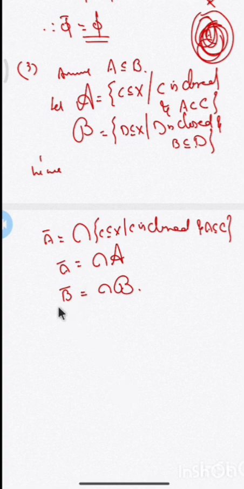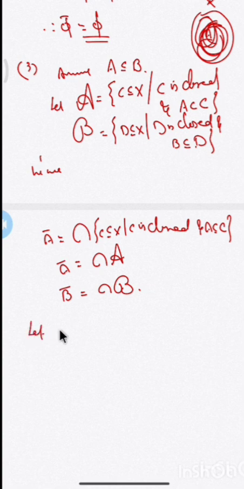Okay. Now, in order to prove A closure is contained in B closure, we take some element in this collection and show that it belongs to this collection. That's what we want to prove.